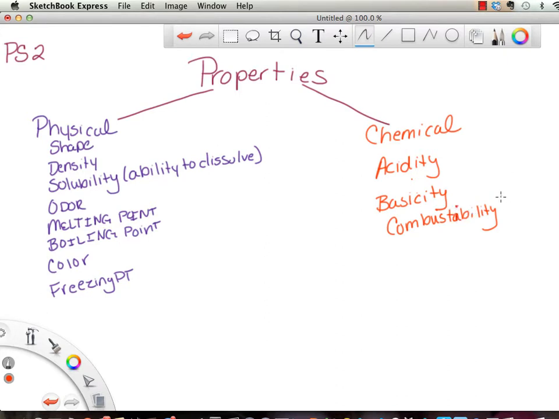Okay, combustibility, that's like flammability, will it catch on fire? I didn't have room on your screen, but here's the rest of it, and reactivity.